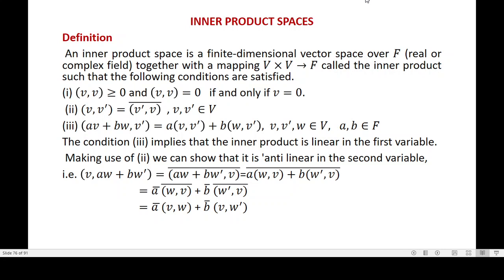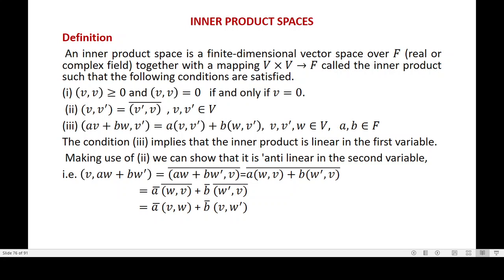An inner product space is a finite dimensional vector space over a field F, where the field is either real or complex, together with a mapping from V × V to F, called the inner product, such that the following conditions are satisfied.